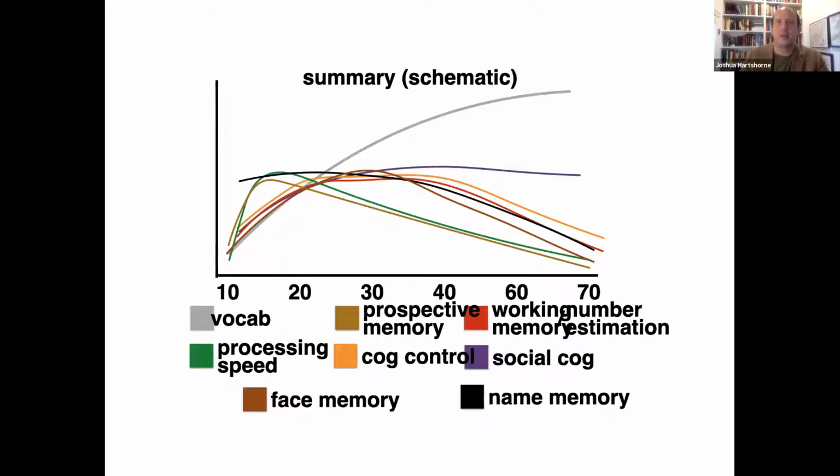Here's a summary schematic I tried to put together. These lines are drawn by hand, but they give you an idea of the range of different findings for different aspects of cognition.